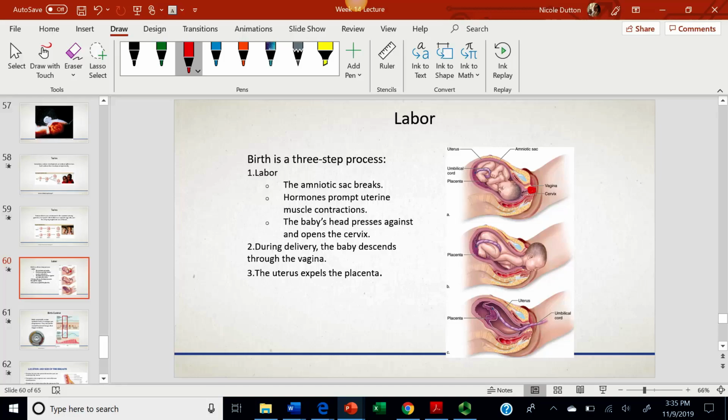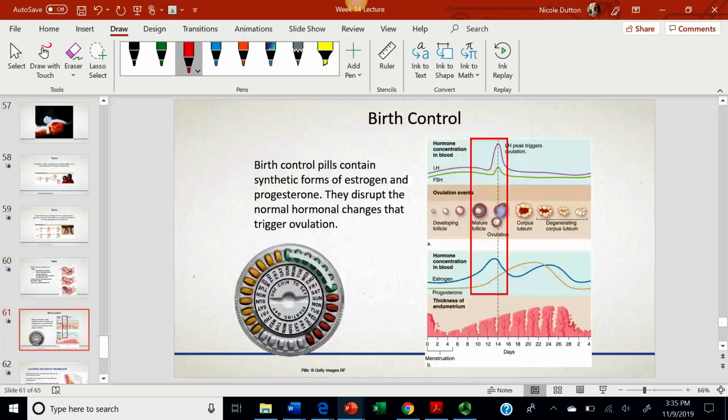While you're on birth control, your body thinks you're pregnant. So you're going to develop that mucus plug so sperm can't enter into the cervix. It's going to stop you from ovulating so you won't release an egg. And it's going to maintain that uterine lining. You usually take 3 weeks on and 1 week off. So if you're on birth control pills, you have actual hormone for 3 weeks, and then you have placebo for 1 week.